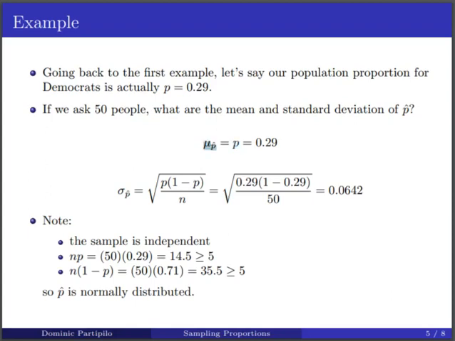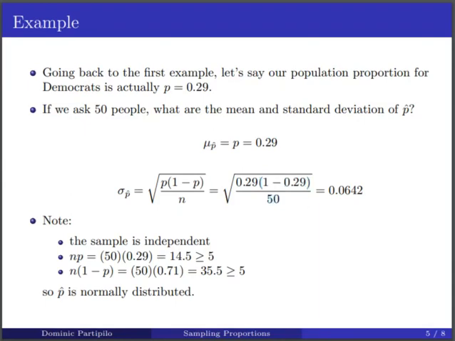So the mean of the sample proportion is going to be 0.29. And then the standard deviation of the sample proportion is going to be the square root of p times 1 minus p over n. So when we plug that in, we'll have 0.29 times 1 minus 0.29 over 50.